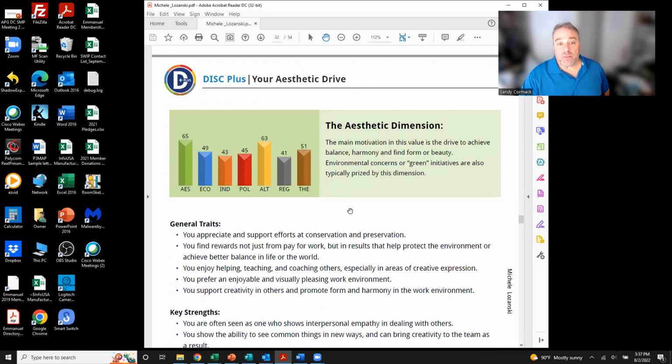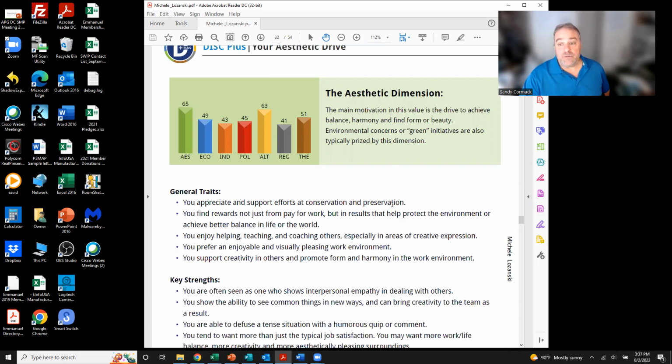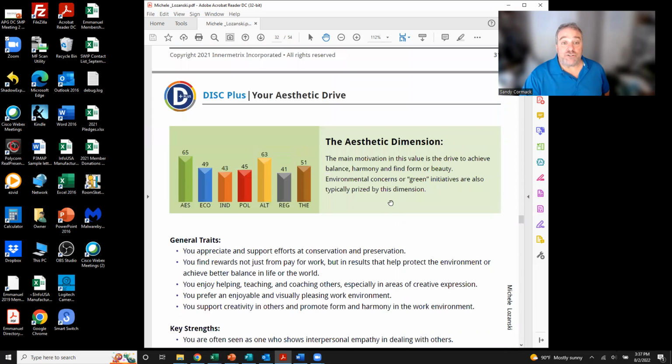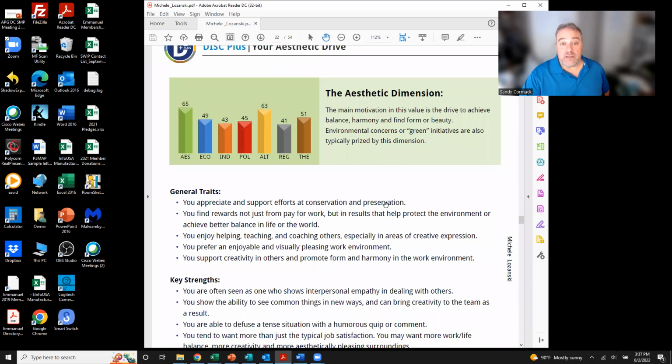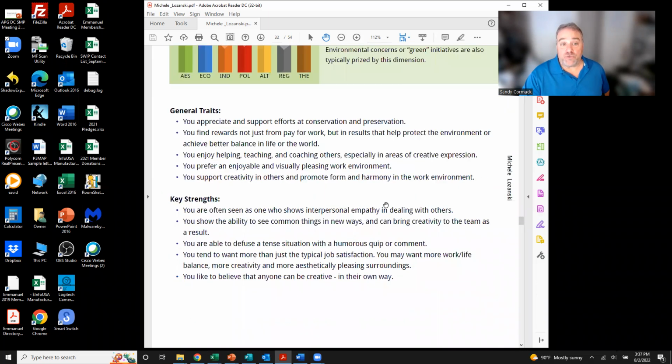And then the values index does not bring the scores together the way the DISC does. It gives you 3 pages for each one of the dimensions, and it looks at 5 things for each one. It looks at the general traits associated with it.